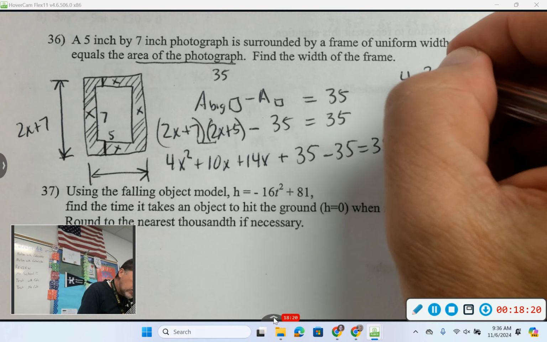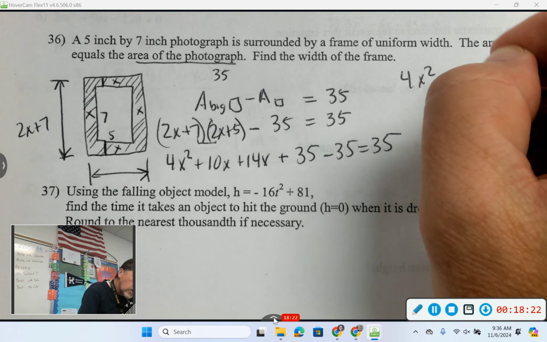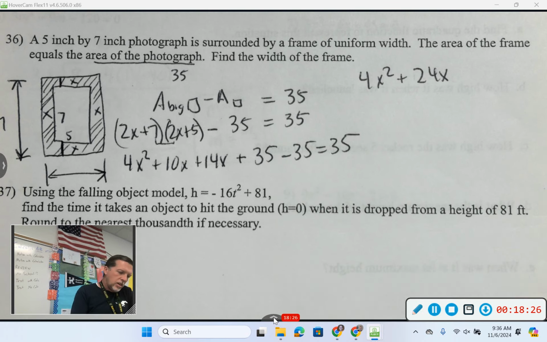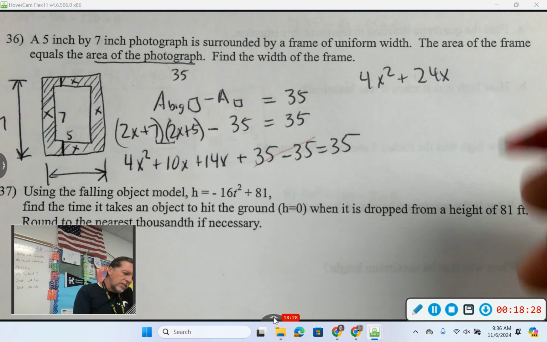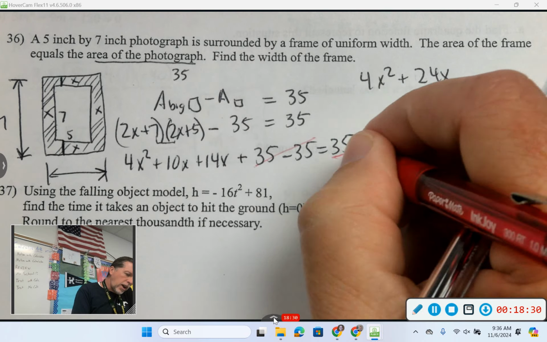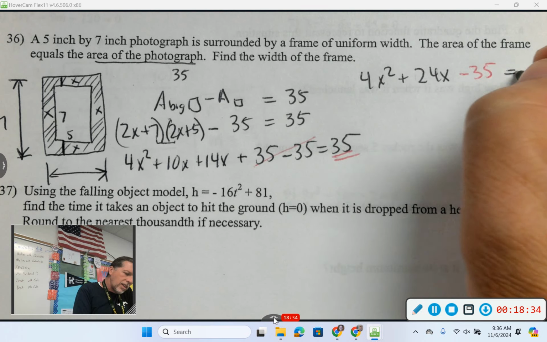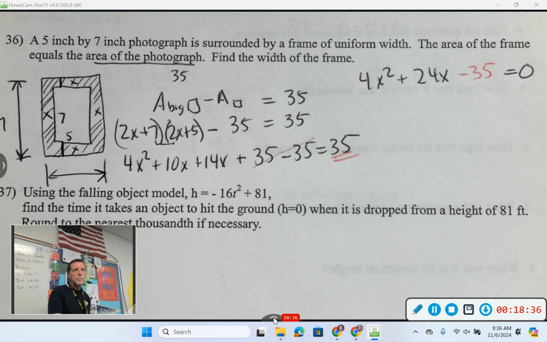So 4x squared plus 24x. Keep track of all my 35s. Those two 35s will cancel out. And then I can subtract over that 35 equals 0.